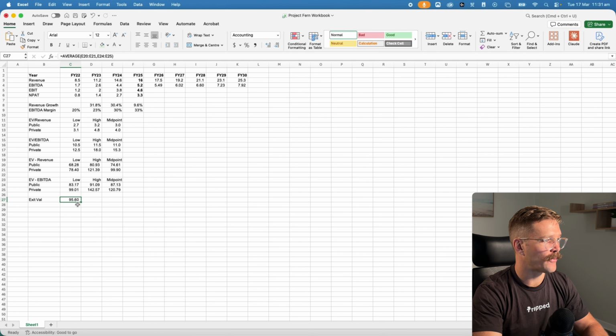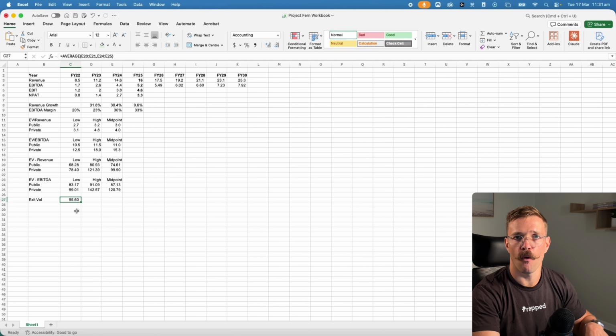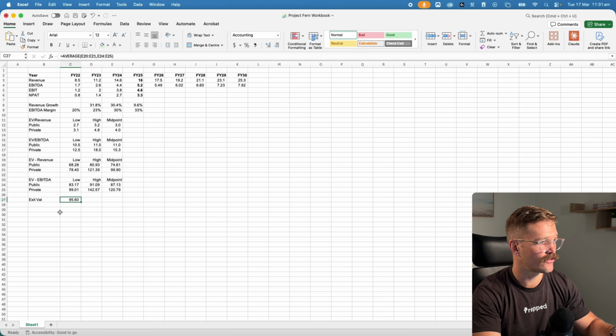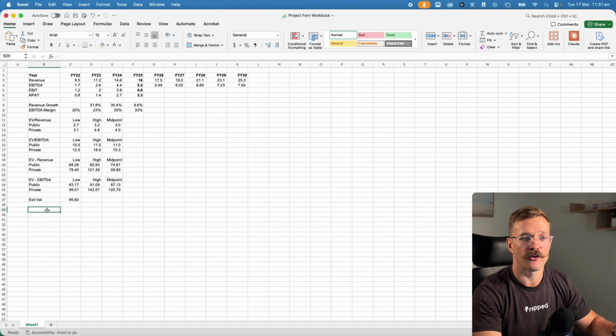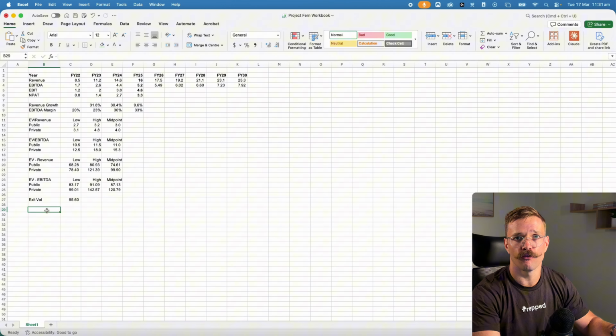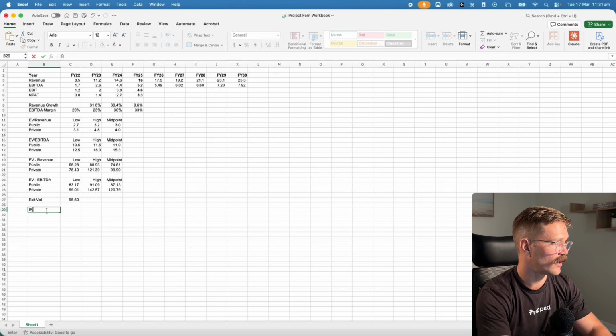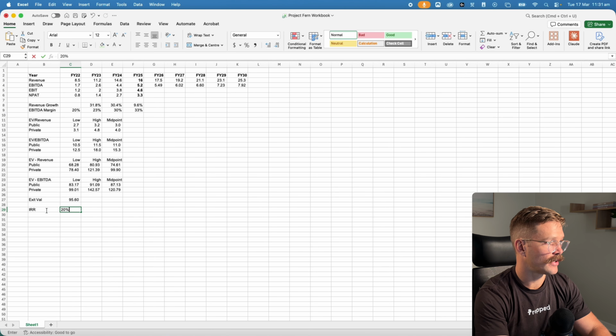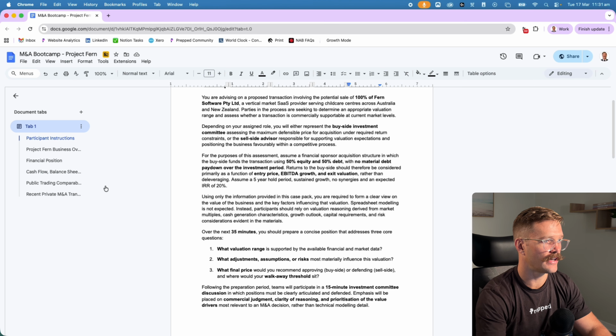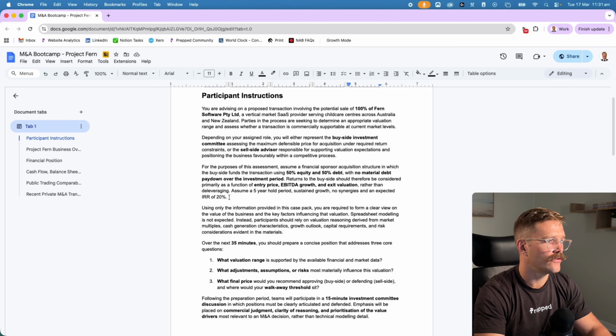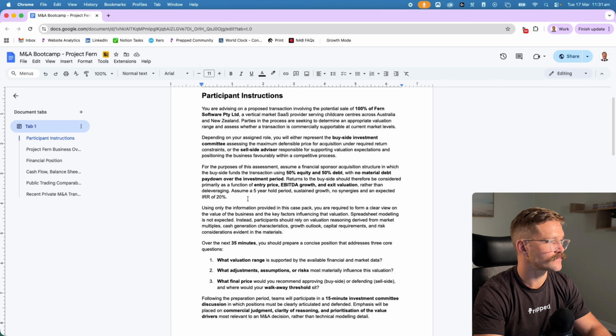So now we've got that, we need to figure out what our multiple on invested capital is, so MOIC. We do that by using the IRR of 20%. That's given to us in here, just here, 20% there.